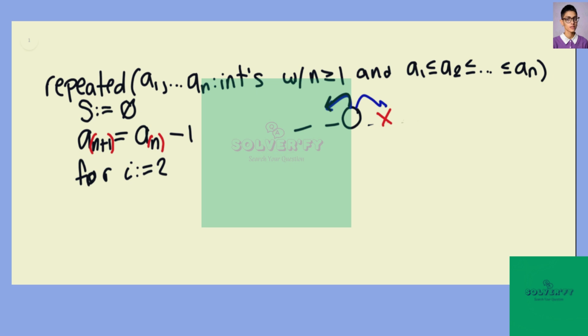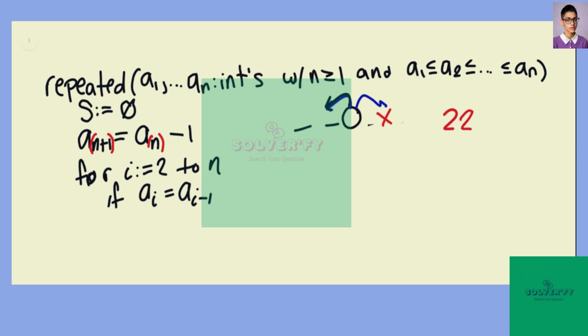So we're going to start at a2, and it's going to run all the way to n. And if the element we're currently investigating is equal to the previous one, right? So that's just checking to see if we currently have a 2. We're just saying, hey, is the thing before it also a 2?